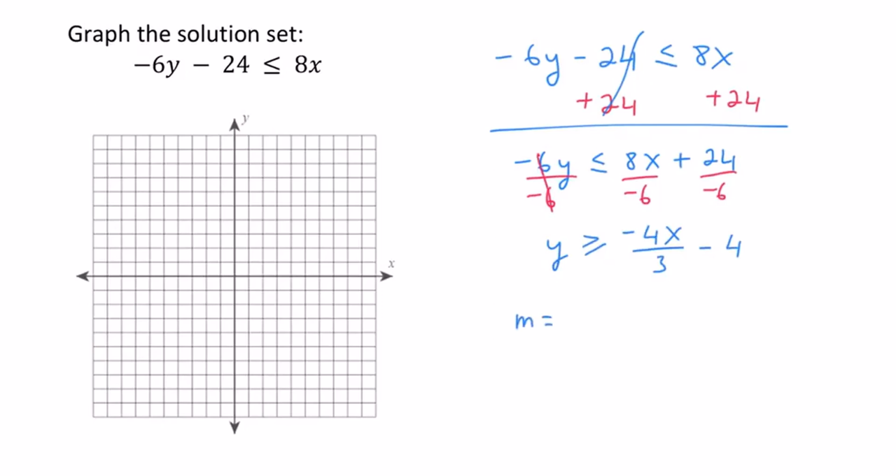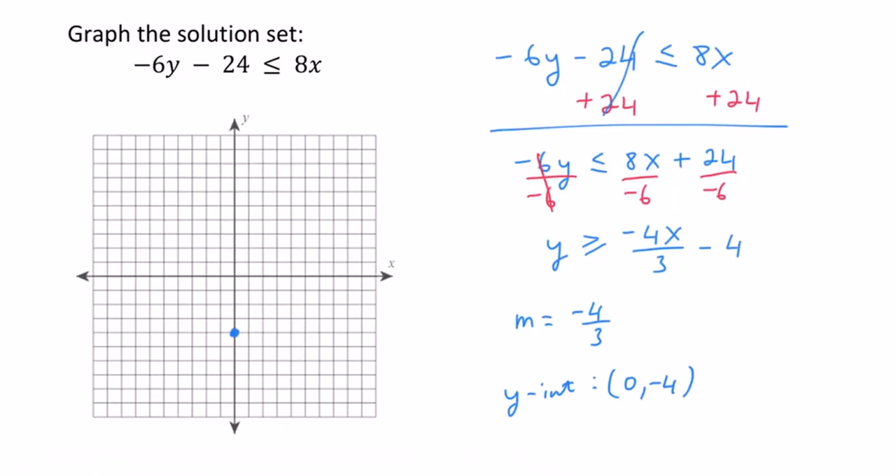So here the slope is negative 4 over 3. The y-intercept is 0, negative 4. Let's graph this. Start with the y-intercept, 0, negative 4. And then use the slope to move.